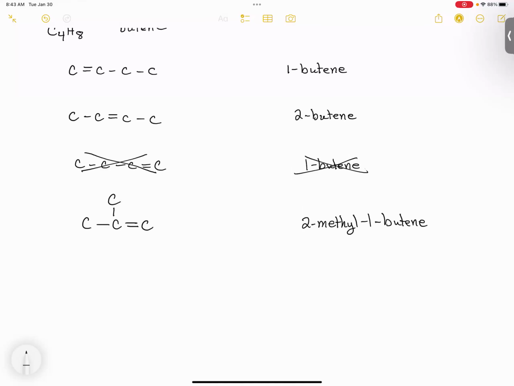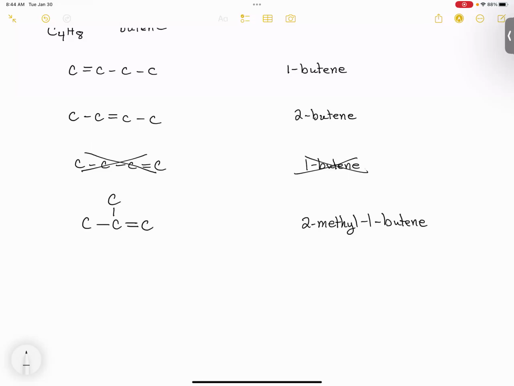At first glance, have I created all possible isomers? At first glance, it looks like I've created all the isomers.